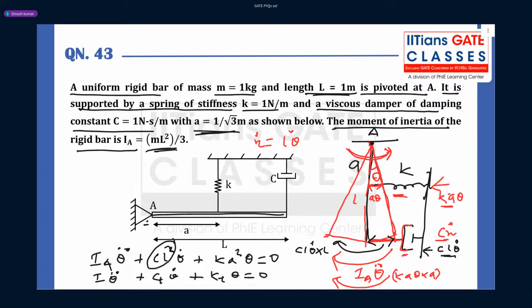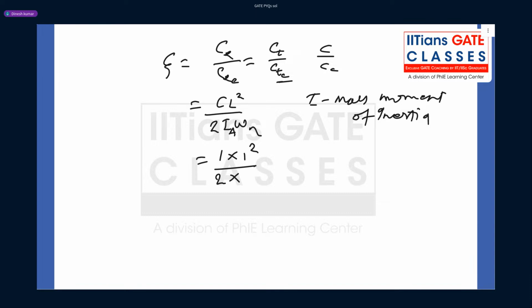So M is 1, L is 1, so 1 square by 3. Omega n we got as 1. So now guys, tell me, when you solve this, what zeta value is coming?